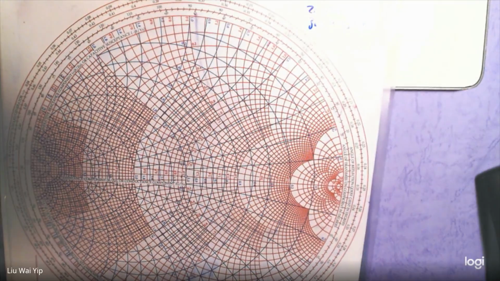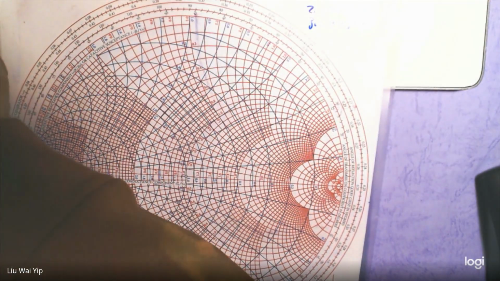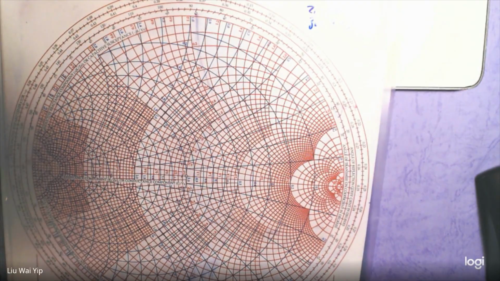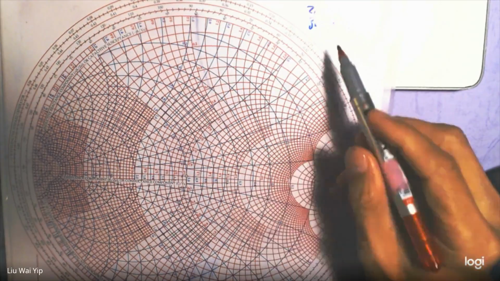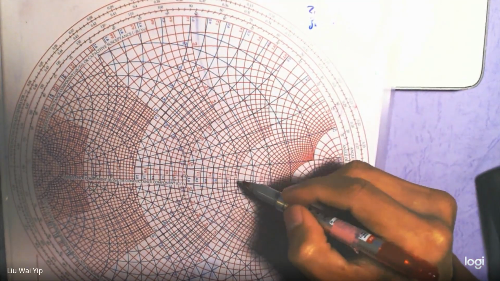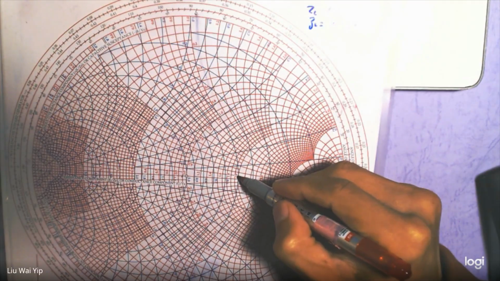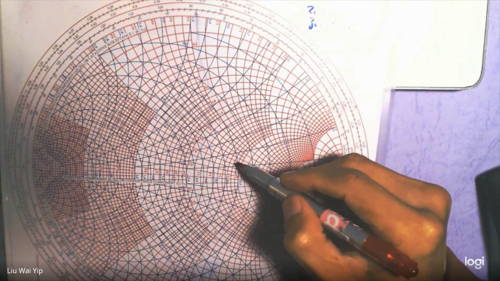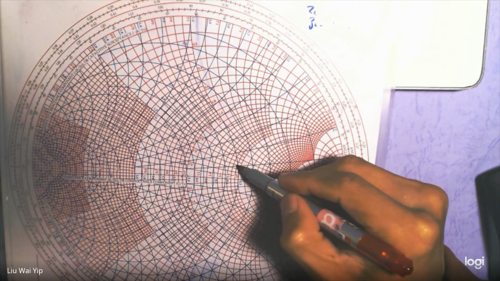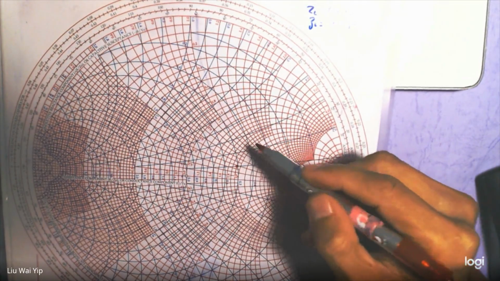So the first thing that we will do is to locate the point 2 plus j0.4. This is 2 and j0.4. So it is here. So let's call this point A.